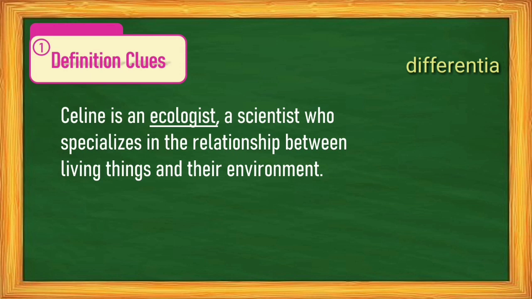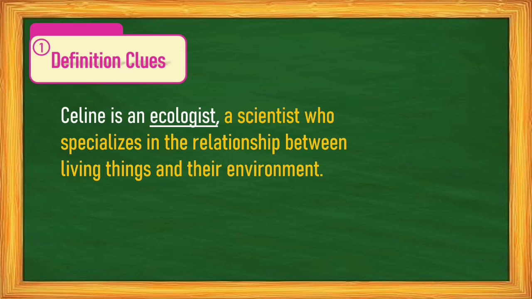Now in our example, Celine is an ecologist, a scientist who specializes in the relationship between living things and their environment. The unfamiliar word here is ecologist. Now, what is the clue or what are the clues in this sentence? There you go. A scientist who specializes in the relationship between living things and their environment.